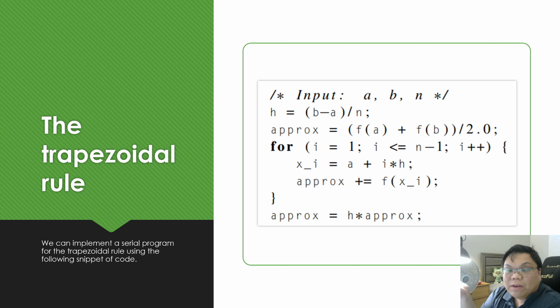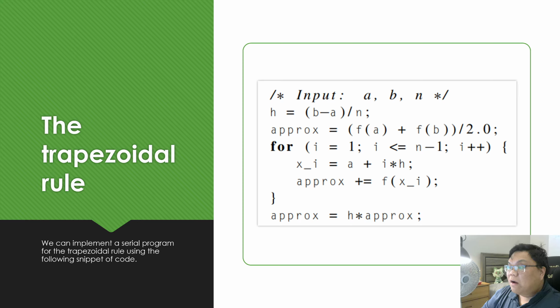approx is going to be the approximate area, and we set that to be f of a plus f of b, and then all divided by 2. We're not going to multiply by h yet, because we're going to do that at the end. And then for i equals 1, i less than or equal to n minus 1, i plus plus, we're going to calculate x sub i, which corresponds to the a terms in the drawing that I had. That's going to be our starting point a plus however many h's we are from the start.